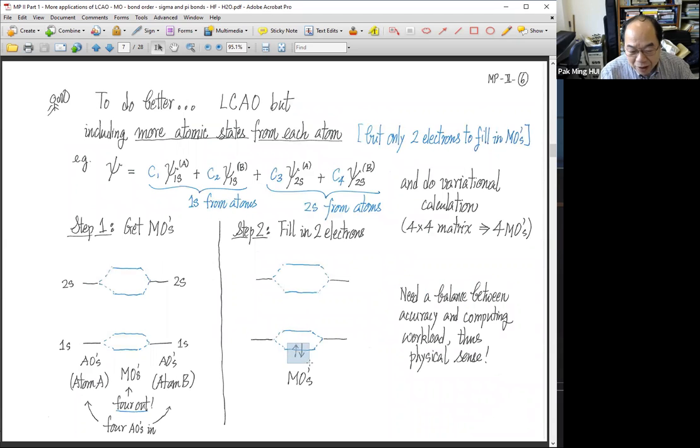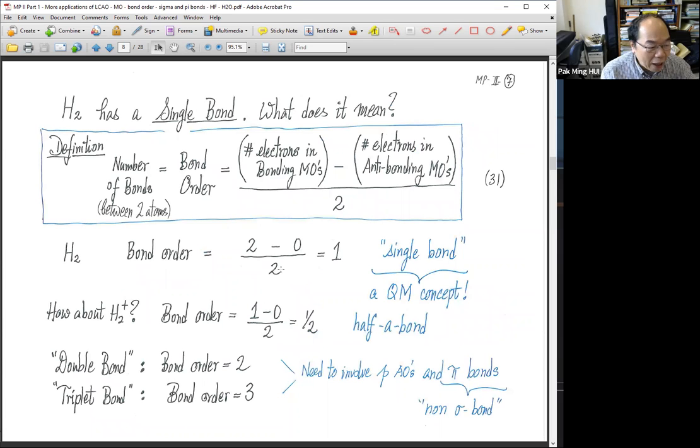You have 2 electrons in the lowest, which is a bonding molecular orbital. This will be antibonding. This will be bonding from 2s, empty anyway. This is antibonding from 2s. So for the hydrogen molecule, we have 2 electrons in bonding, none in antibonding. So the numerator is 2, divided by 2, you get 1, you call it a single bond.